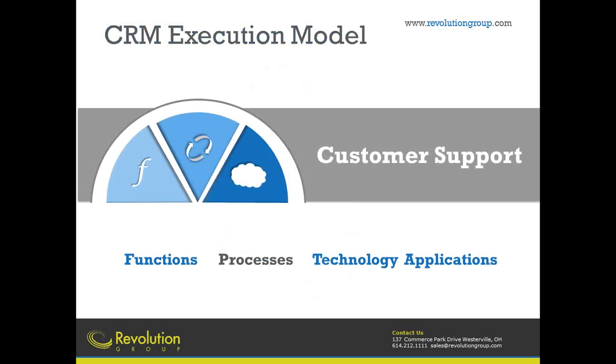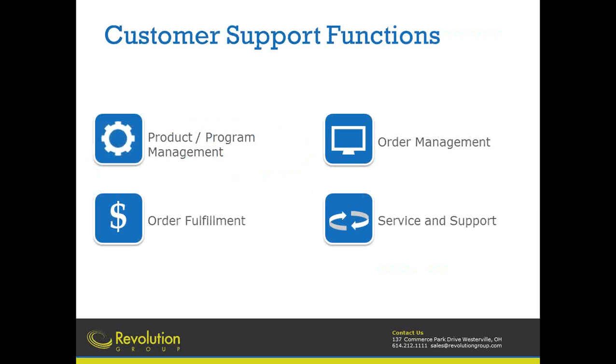The last component of our execution model is customer support. The role of the customer support professional, or these operations, are quite simply for purposes of customer retention and loyalty. Customer support functions are fairly common amongst manufacturing companies. If we look at order processing, order management, and fulfillment, there's going to be certain functions within the manufacturing operation that take new orders, process them, and release product in a timely manner.